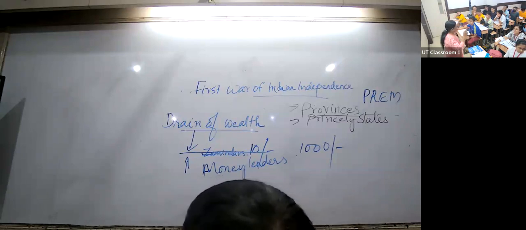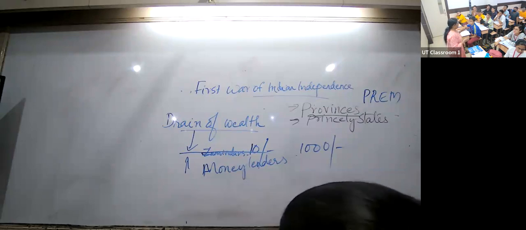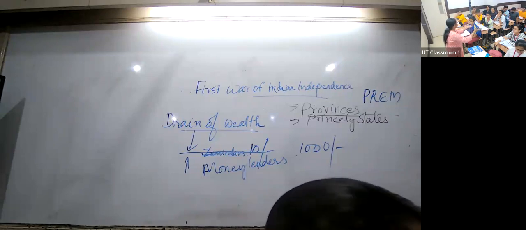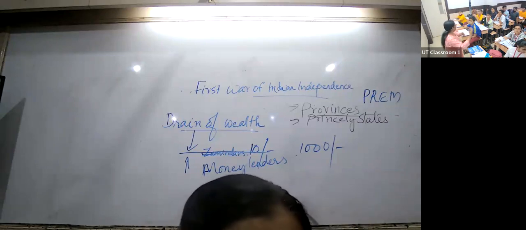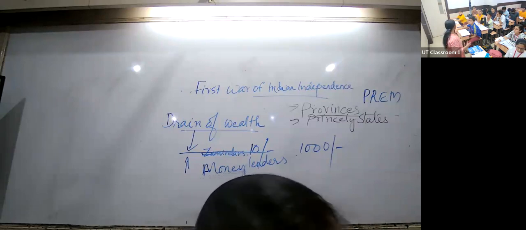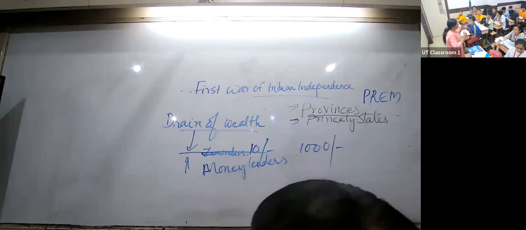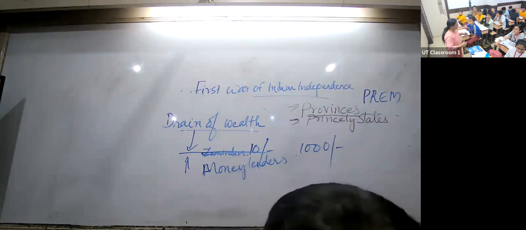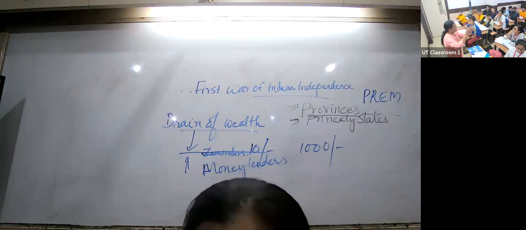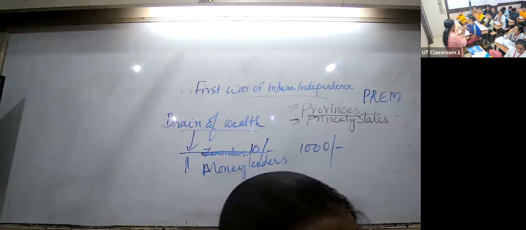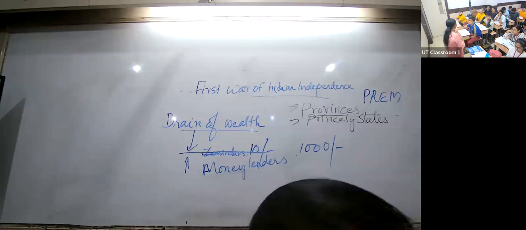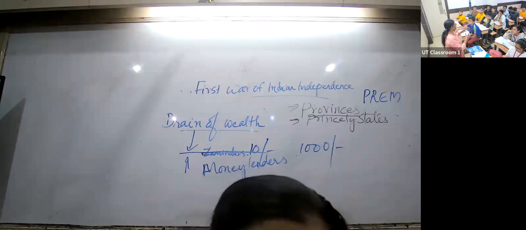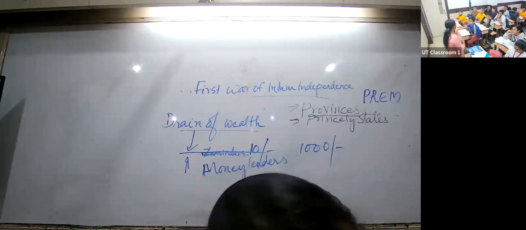So the British realized that in Delhi and other strategic points, the forces were not there. That is why it was easy for Indian soldiers to capture that place. Realizing that, they began to keep British soldiers at strategic places, and the number of British soldiers increased according to need and importance.